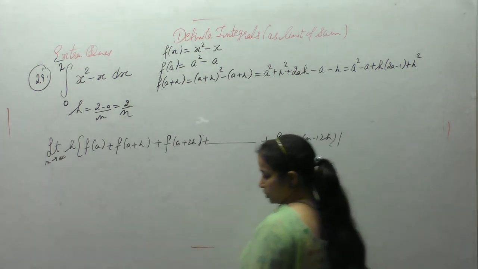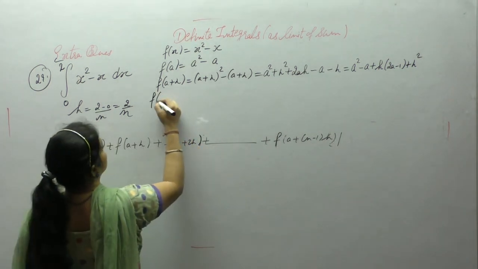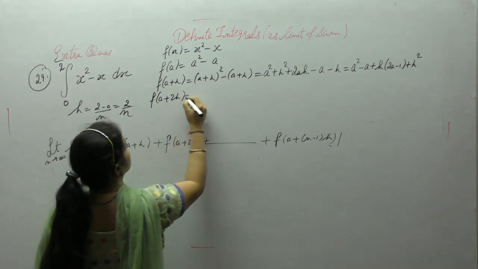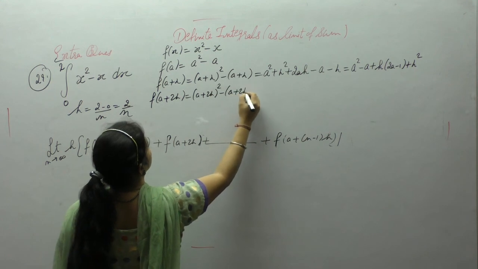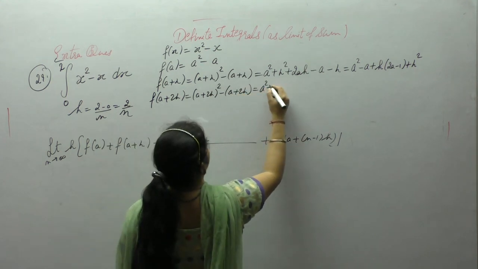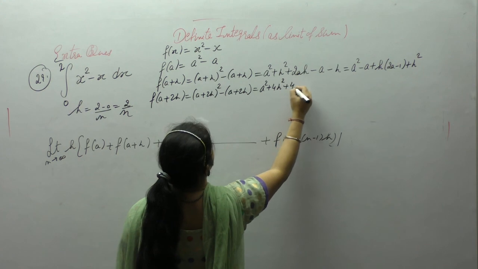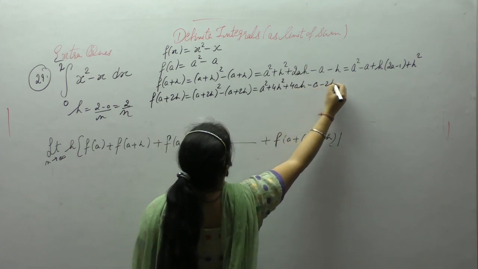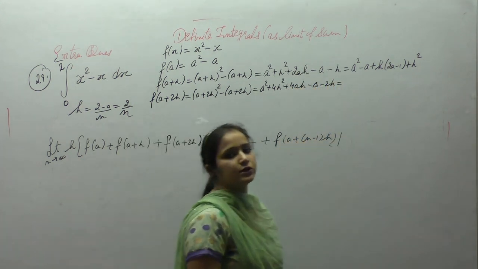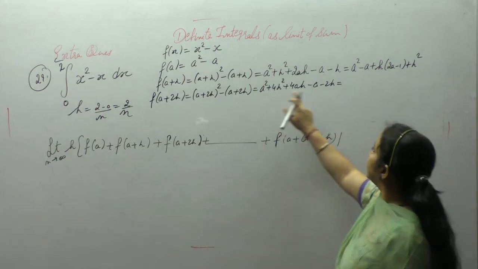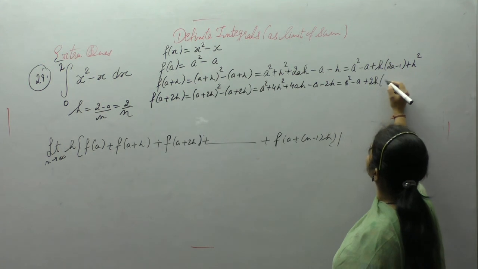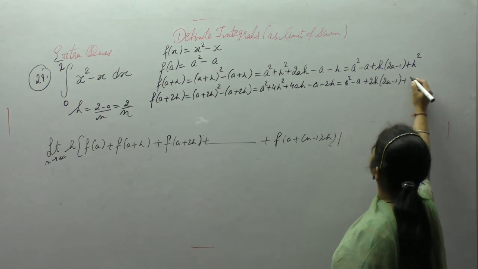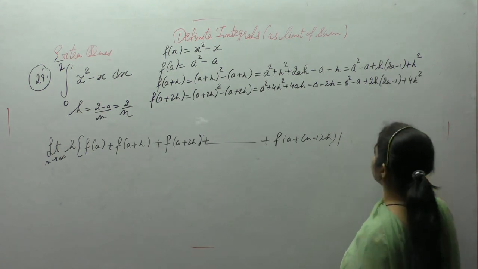Now the value of the function at a plus 2h: f of a plus 2h is (a plus 2h) whole square minus (a plus 2h). a square minus a, in terms of h, take 2h common, (2a minus 1) plus 4h square.